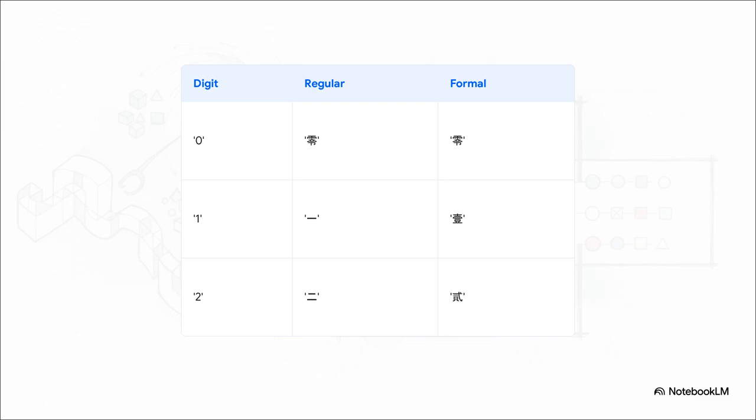Now, what's really interesting about this is how perfectly the tuple solves our organizational problem. You see the Gregorian digit, the regular character, and the formal character all beautifully combined into a single three-element tuple. For the digit 0, both translations actually happen to be the exact same character. But for 1 and 2, you can clearly see the distinct regular and formal financial characters living side by side in perfect harmony.